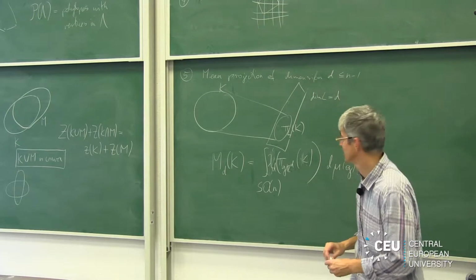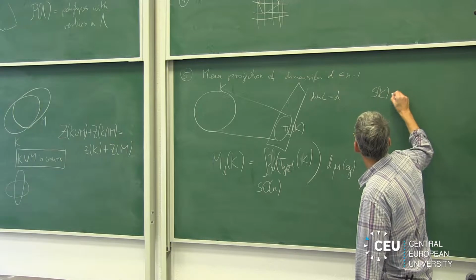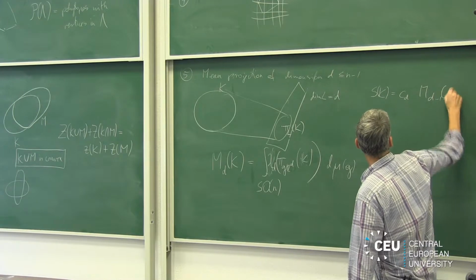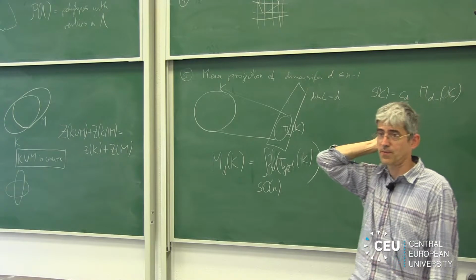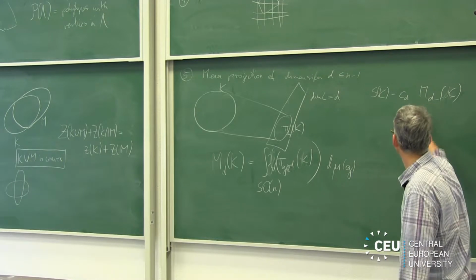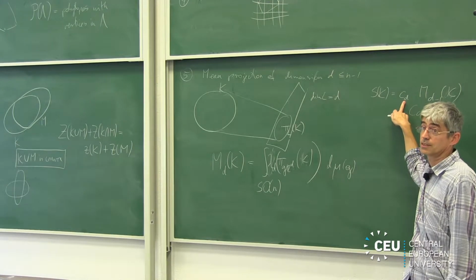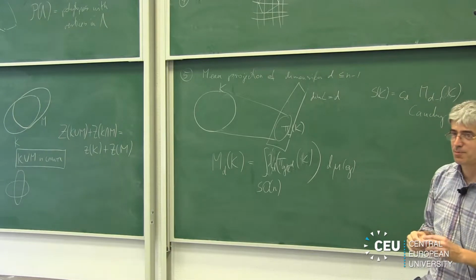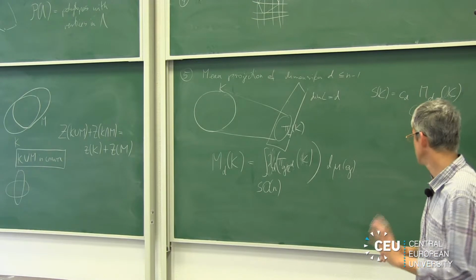I was just about to make the same connection, so that actually S of K is some constant c_n multiple of M_{n-1} of K. So this is the Cauchy integral formula, due to Cauchy. And the value of the constant can be evaluated at the unit ball. I do not attempt to write it down because I would get it wrong, but you can do it.